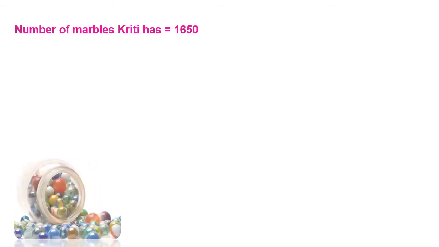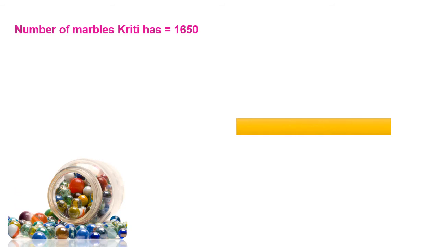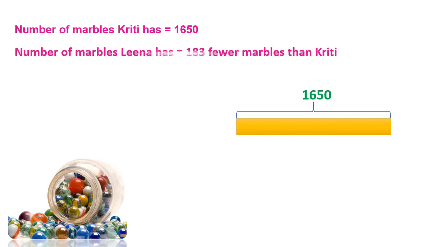So number of marbles Kriti has is 1,650, that we just found out, which is represented by this yellow bar, and number of marbles Leena has is equal to 183 marbles fewer than Kriti.